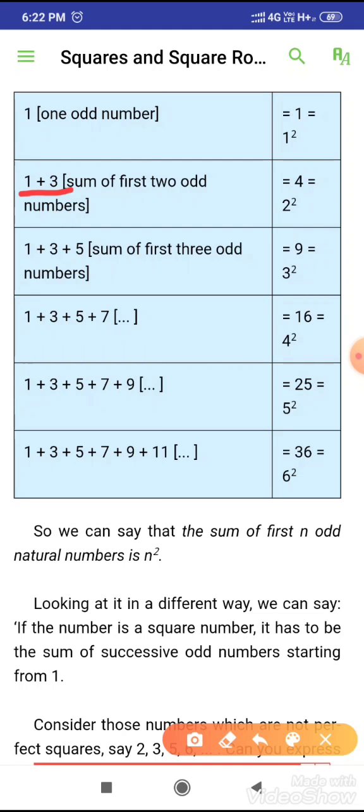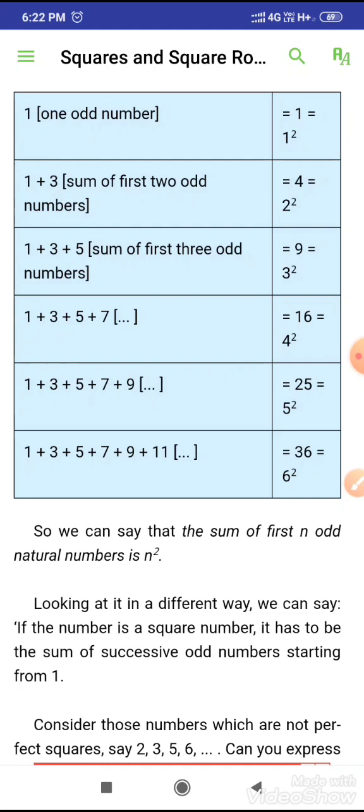1 is an odd number and 3 is also an odd number, and these two numbers are two consecutive odd numbers. The sum of the first two odd numbers is 4, and it is the square of 2. In the third row, here is 1 plus 3 plus 5, the sum of the first 3 odd numbers, and its sum is 9, and you can write it as 3 square.